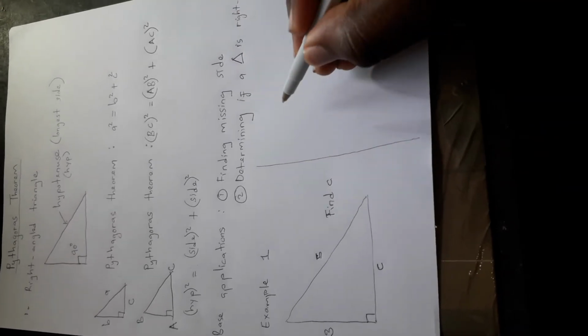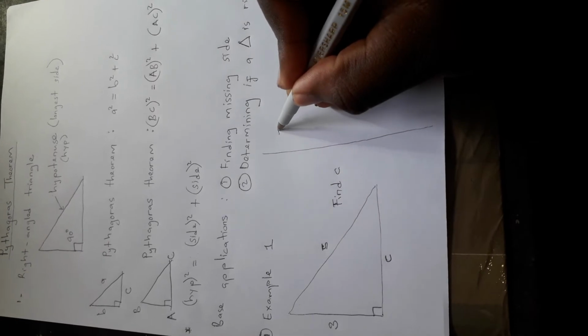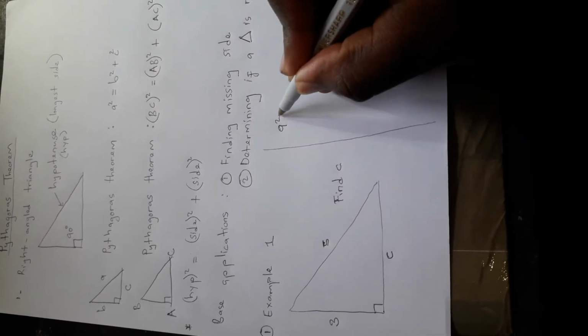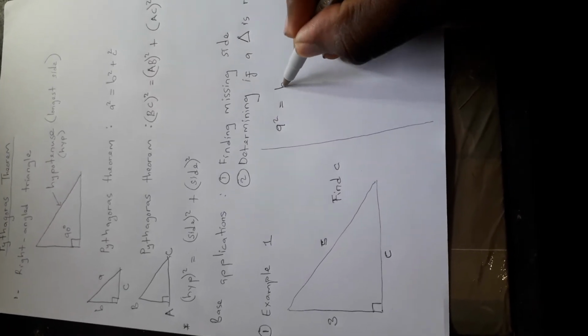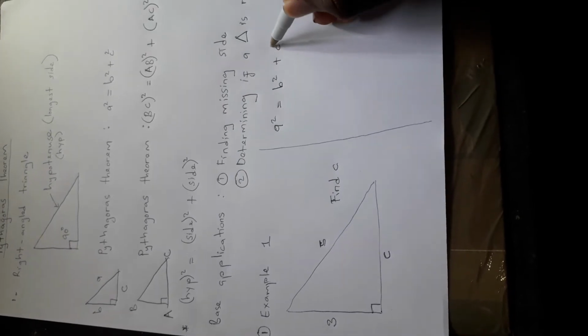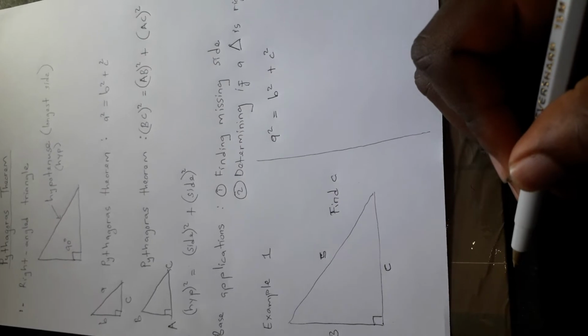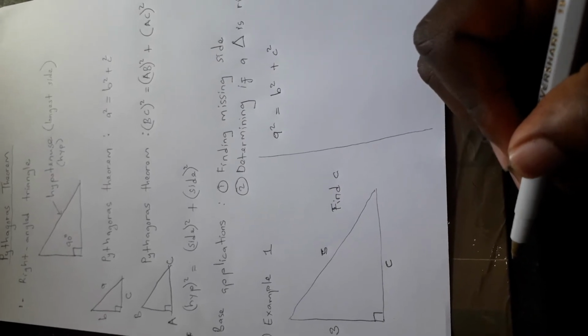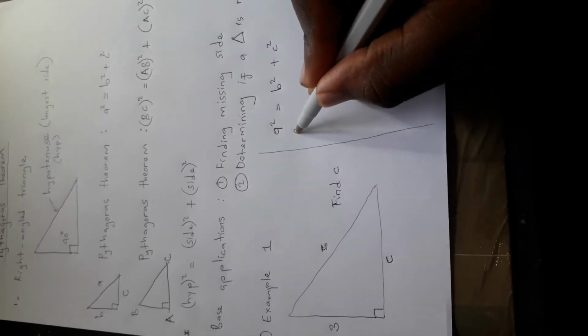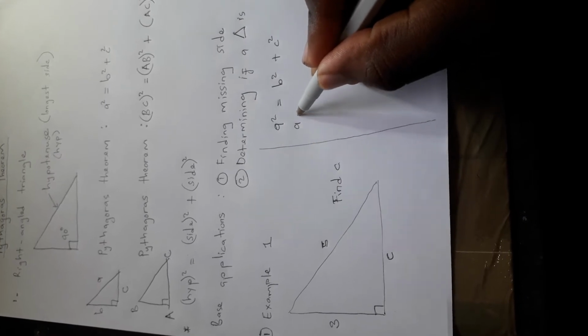Then what do we do? Firstly, we put our Pythagoras theorem. A squared is equal to b squared plus c squared. Now, it's important to know what A is, B is, C is. And I encourage you in the meantime to actually determine what A is.